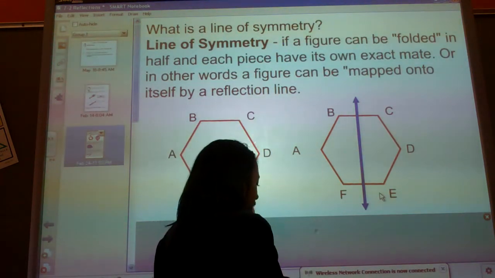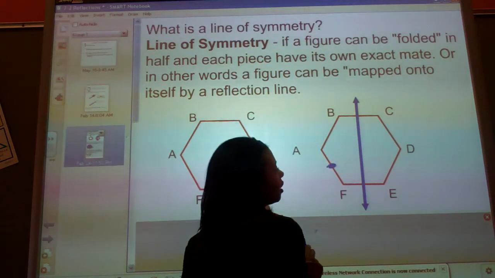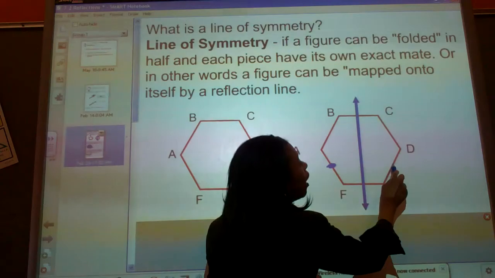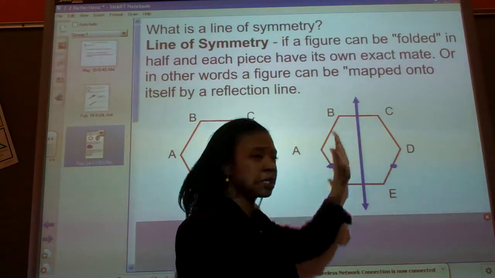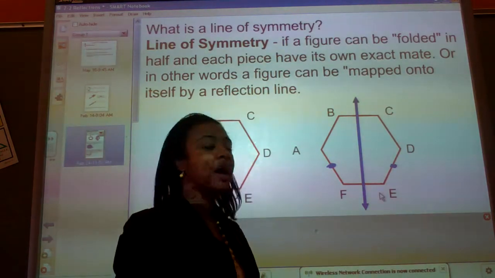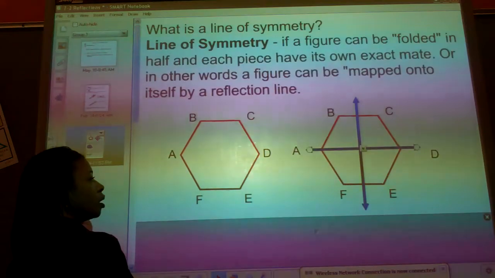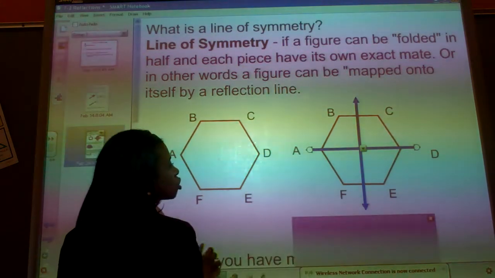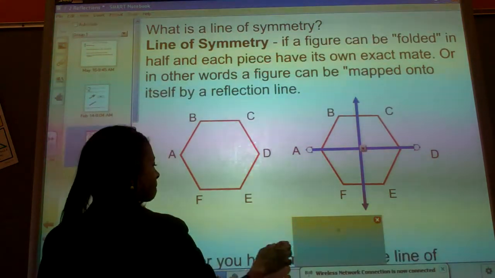And again, as I stated before, I could have this be a point here. If I'm folding, its twin or mate will be right there. Again, this is my line of symmetry. You have plenty of lines of symmetry that can be drawn. So here we have just two lines of symmetry drawn on this particular example.